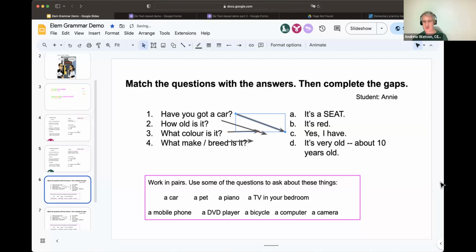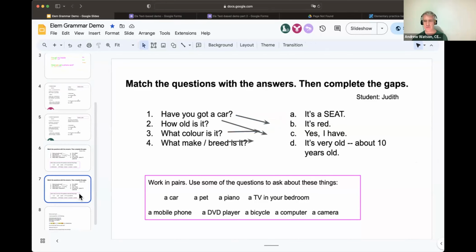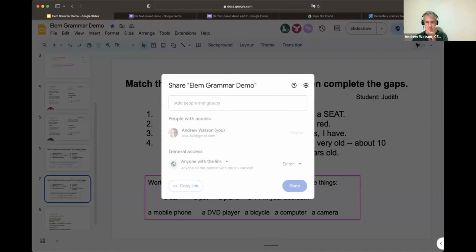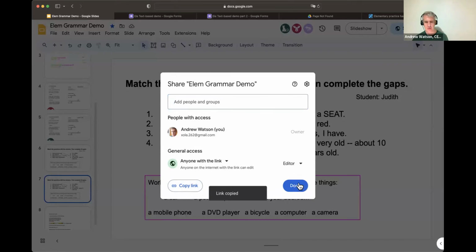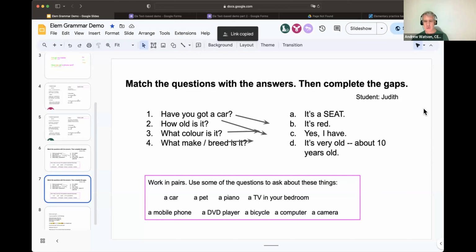Good. Okay, so Annie, you are on slide 6. And Judith, you are on slide 7. Match the arrows, from questions to the answers. Is it the same link? Yeah, let me give you the link again, just in case. Yes, I can see. Okay, so Judith, you are on slide 7.